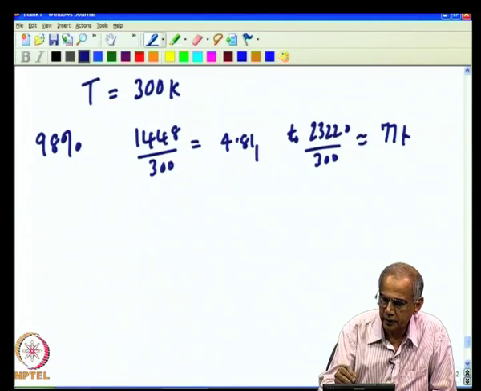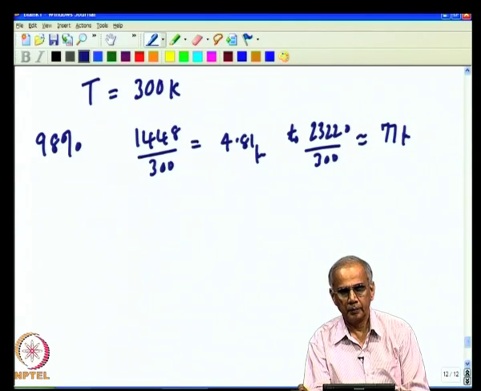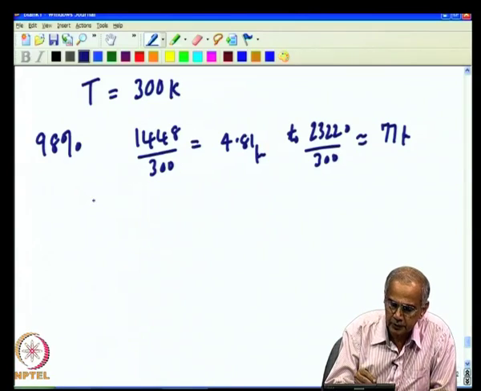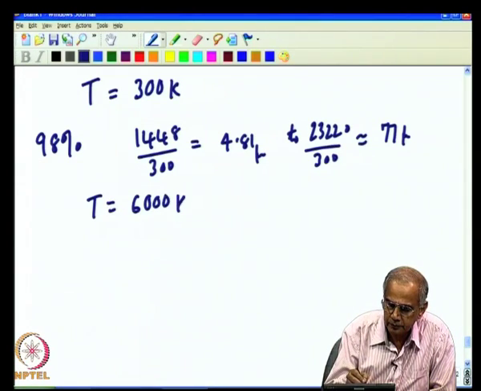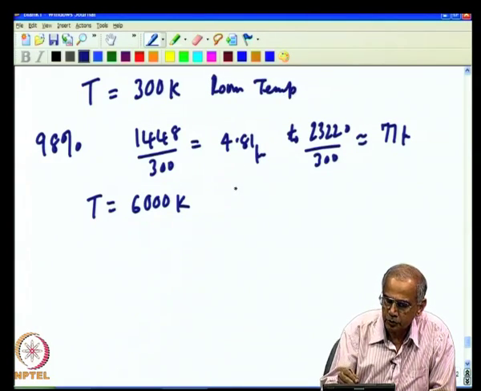So, one can say that most of the radiation emitted by a black body at 300 Kelvin is somewhere between 4 micron to 75 micron. On the other hand, if the temperature of the object is closer to 6000 Kelvin, this is closer to room temperature, this is closer to the sun's temperature.